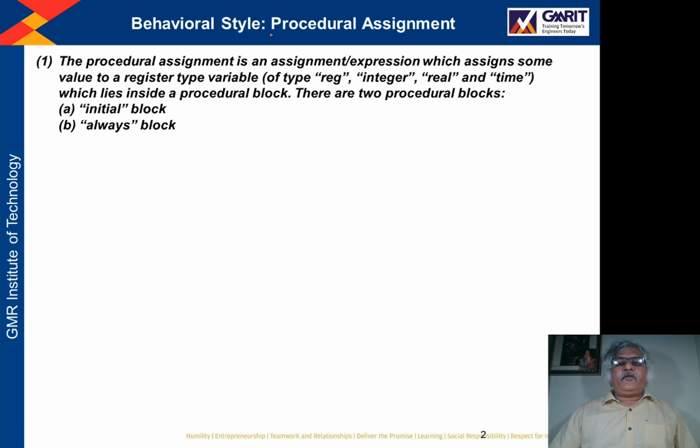Now this procedural assignment, this assignment we use when we are writing behavioral style of modeling in Verilog. The procedural assignment is an assignment expression which assigns some value to a register type variable.